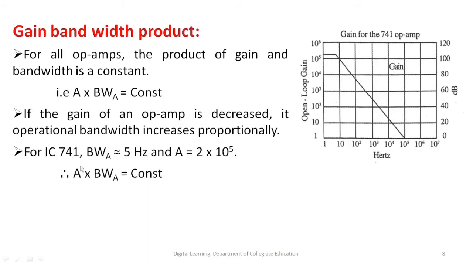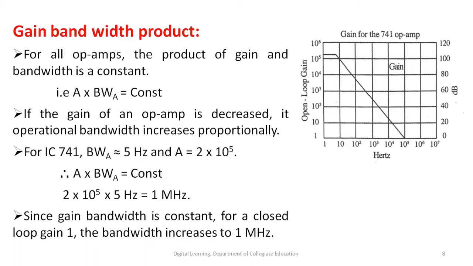Taking the product, A into BW must be a constant. A is 2 into 10 power 5 and bandwidth is 5 Hz. If we multiply them, we get 10 into 10 power 5 or 1 into 10 power 6, or 1 MHz. The gain bandwidth product is 1 MHz.